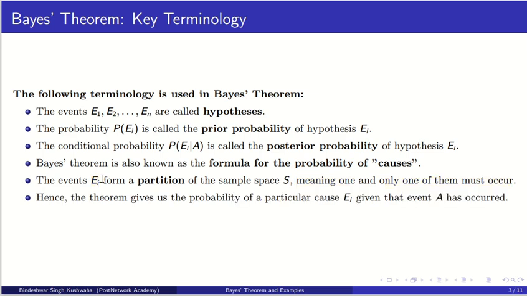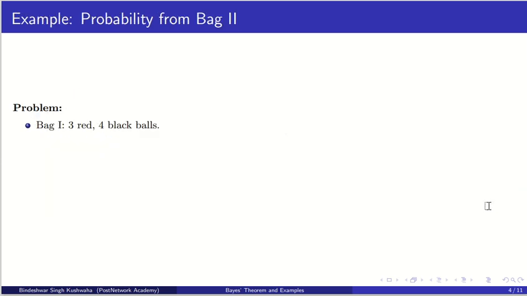The theorem gives us the probability of a particular cause, that is Ei, given that event A has occurred. So that's why this is also called the formula for the probability of causes.